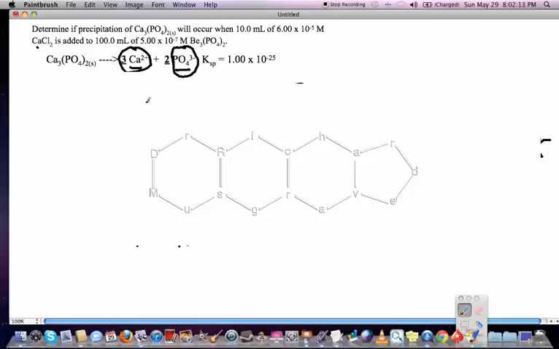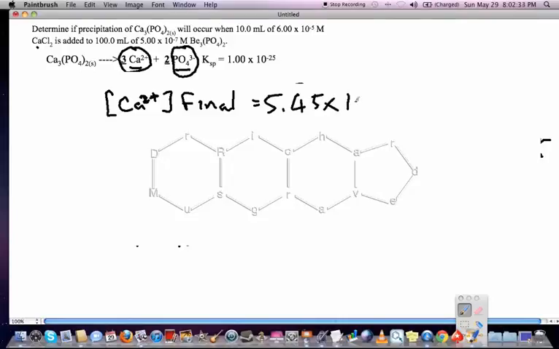We've got that the concentration of Ca2+ in the final solution is 5.45 times 10 to the negative 6 molar. And we've got our concentration of phosphate final as being 9.09 times 10 to the negative 7 molar.